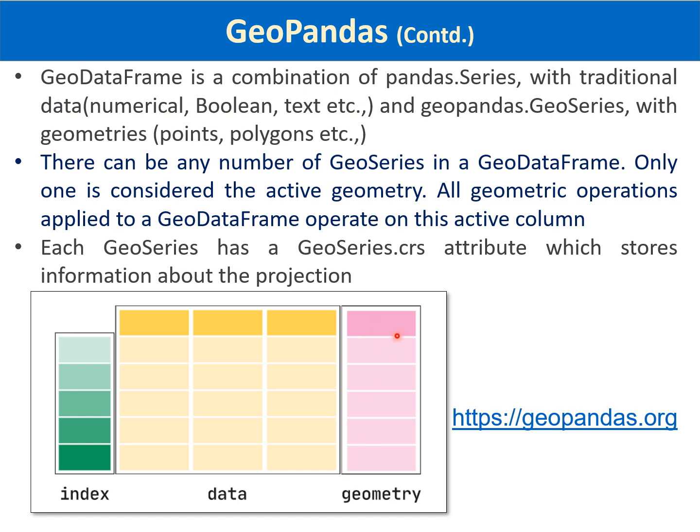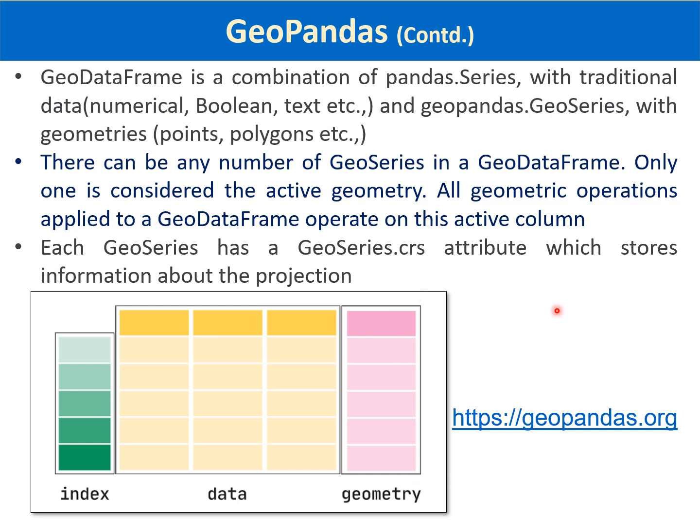There can be many such GeoSeries columns in a GeoDataFrame, but only one of them will be active at any time. If there is only one geometry GeoSeries, it will be the active geometry. The benefit is you can have the geometries specific to one projection coordinate system in a column.